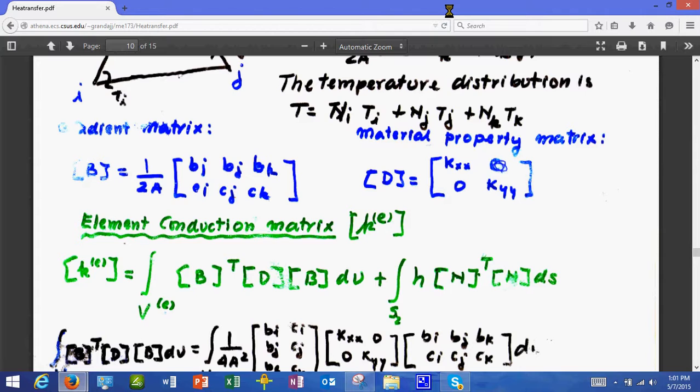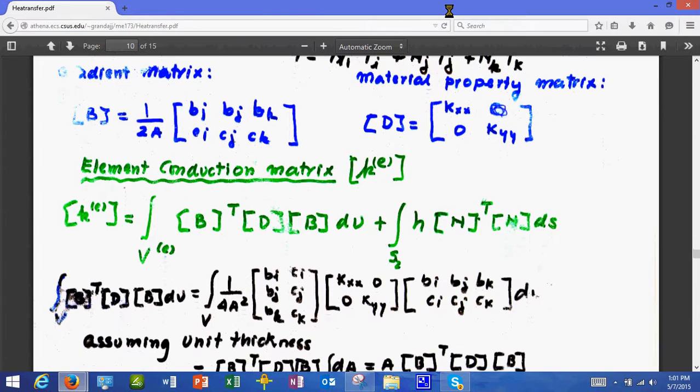And then you have a matrix. Matrices are mainly made for the coefficients. And you have a basic conduction matrix composed as you see here.